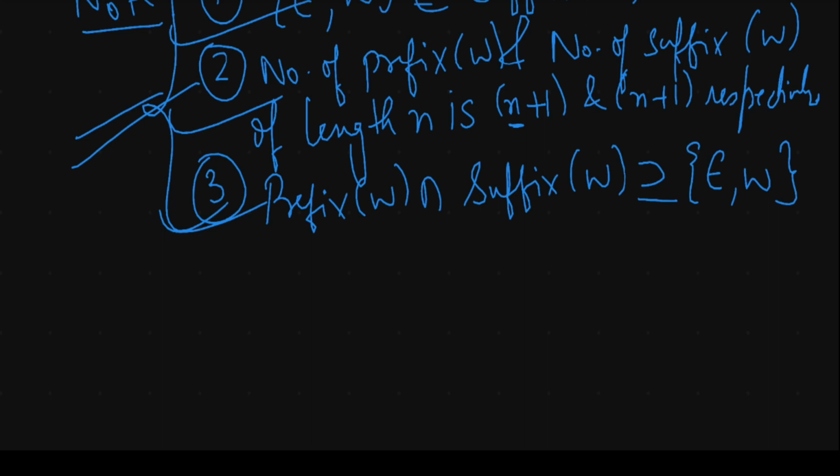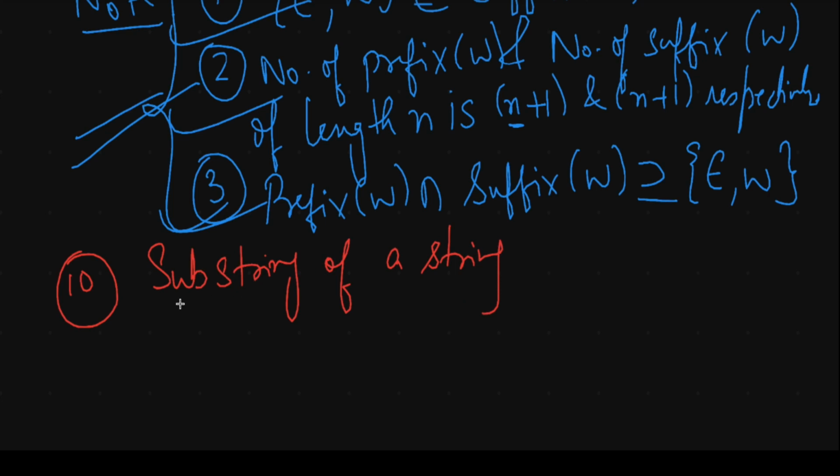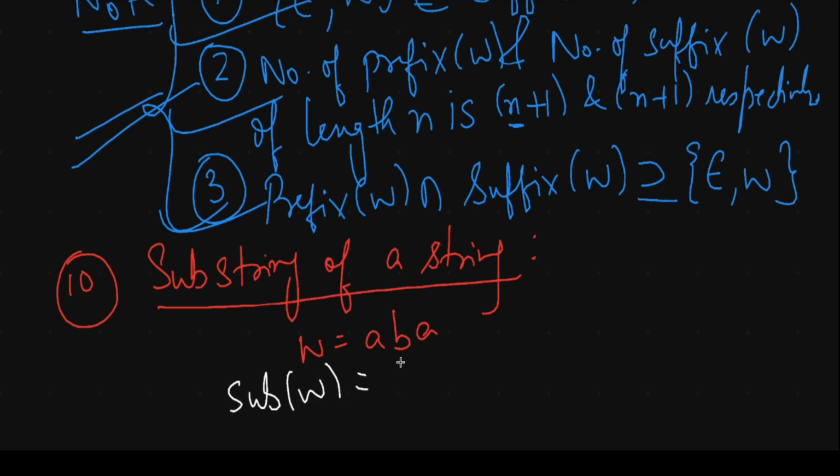Now the last one I would say with operations would be substring of a string. It is also very easy. For example, W is equal to ABA. So what will be substring of W? It can be epsilon, it can be A, it can be B, it can be AB, it can be BA, it can be ABA.